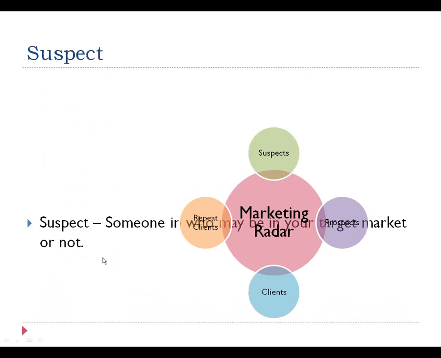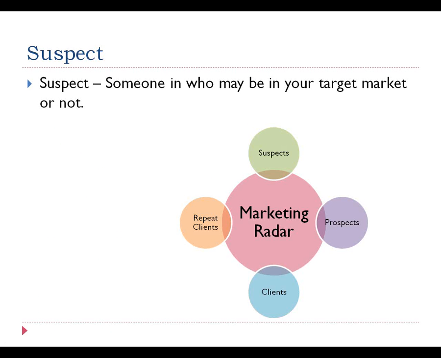So let's see who a suspect is. A suspect is someone you have come in contact with who may be in your target market or not. So you're not sure. You're still suspecting. You're not sure if they are a potential client or not.